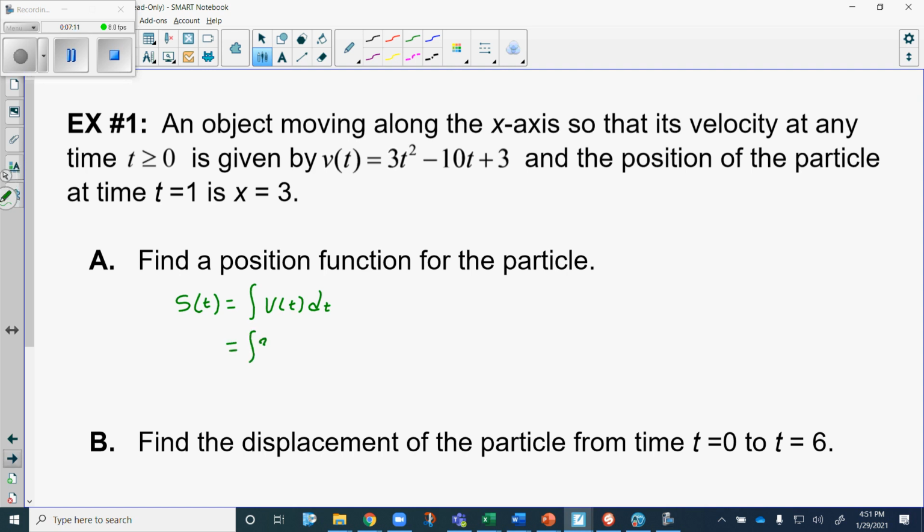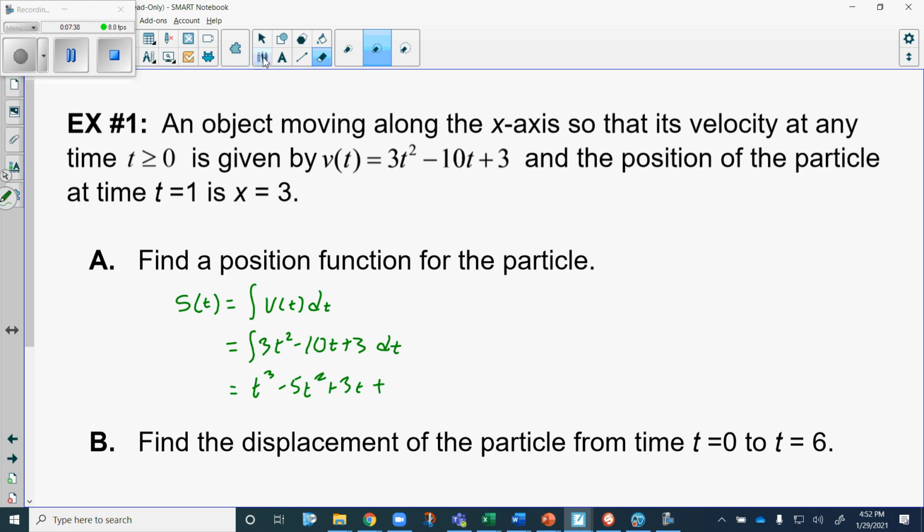What was it? 3t squared minus 10t plus 3 dt. So if you take the antiderivative of all of those things, we're going to wind up with t cubed minus 5t squared plus 3t and some constant of integration.